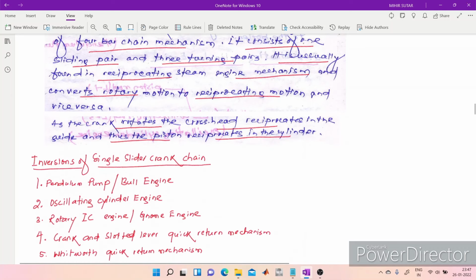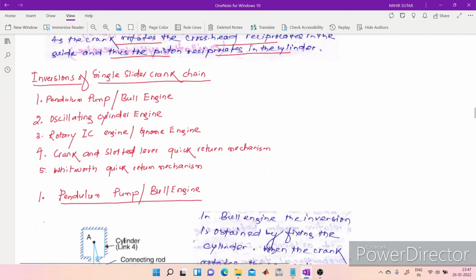Now what are the possible inversions of this single slider crank chain? These are the possible inversions. First inversion is the pendulum pump, also known as bull engine. Second possible inversion is oscillating cylinder engine.